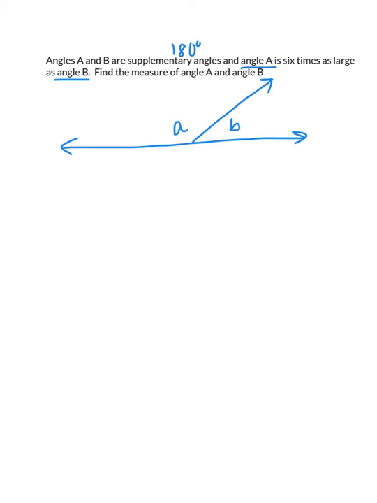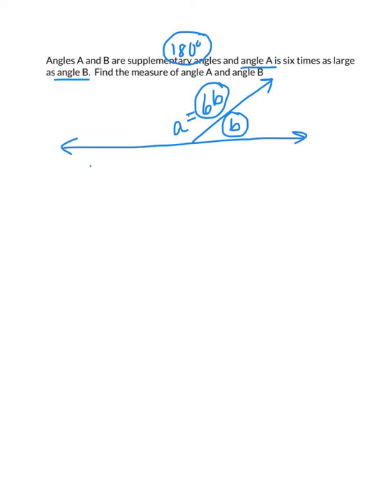Okay, so A is 6 times as large as B. Since we don't know how big B is, I'm going to call it lowercase b. And A is 6 times larger than B, therefore A would be 6 times B.